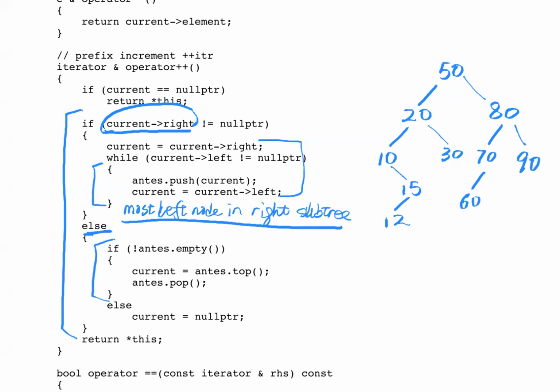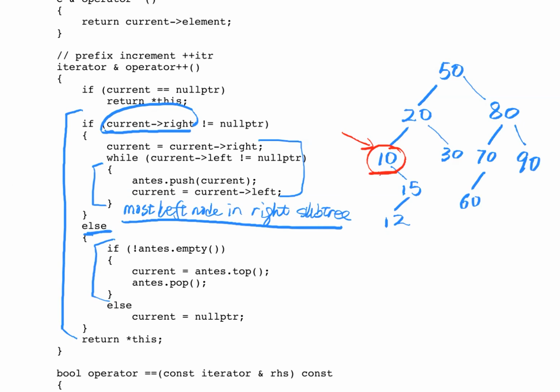Okay, this is our binary search tree. Now, which is the first node in the in-order traversal sequence? The first node is the most left node. 10 is the most left node. So the begin operation will return the iterator representing the node 10.